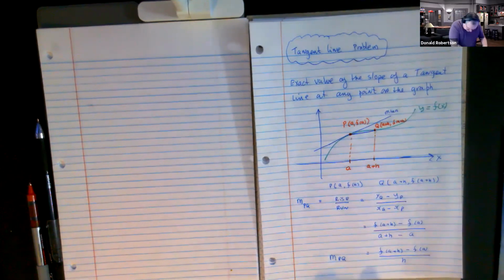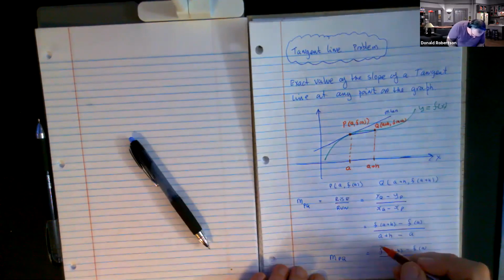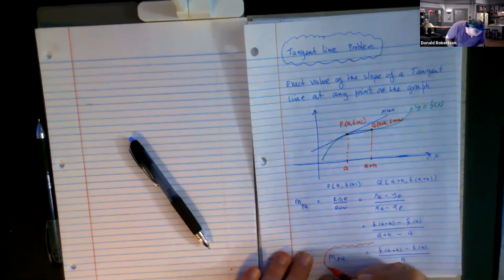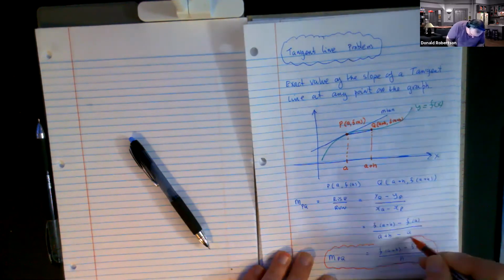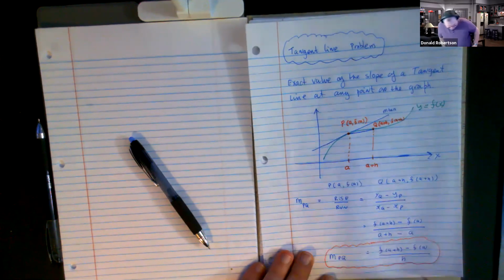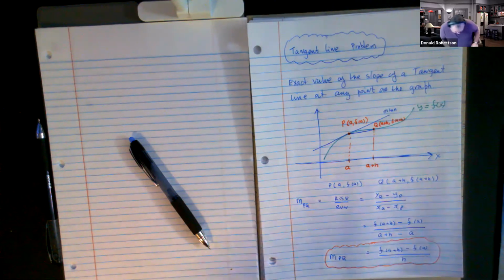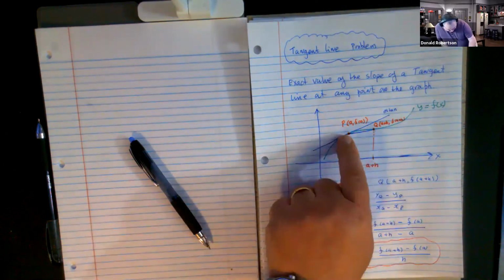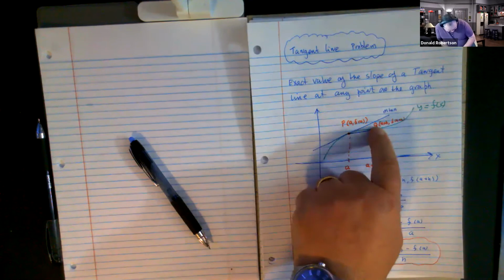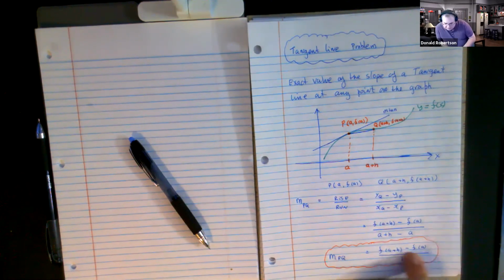And so we get to this: the slope of the line, it's called a secant line, P to Q, is given by this formula here.